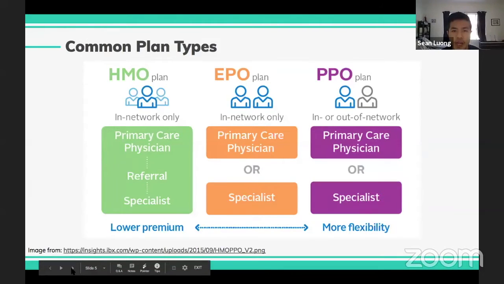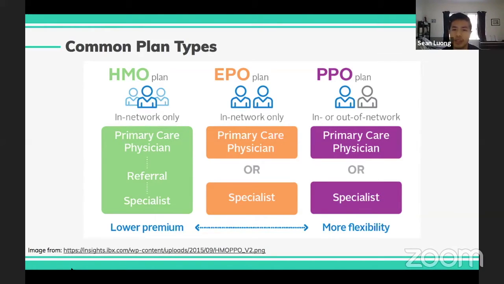Here are some common types of health insurance plans that you may have heard of. HMO, a really common example of that would be Kaiser. The way that works is it tends to be cheaper in terms of how much you pay monthly or annually, and in exchange, you have a little bit less flexibility.